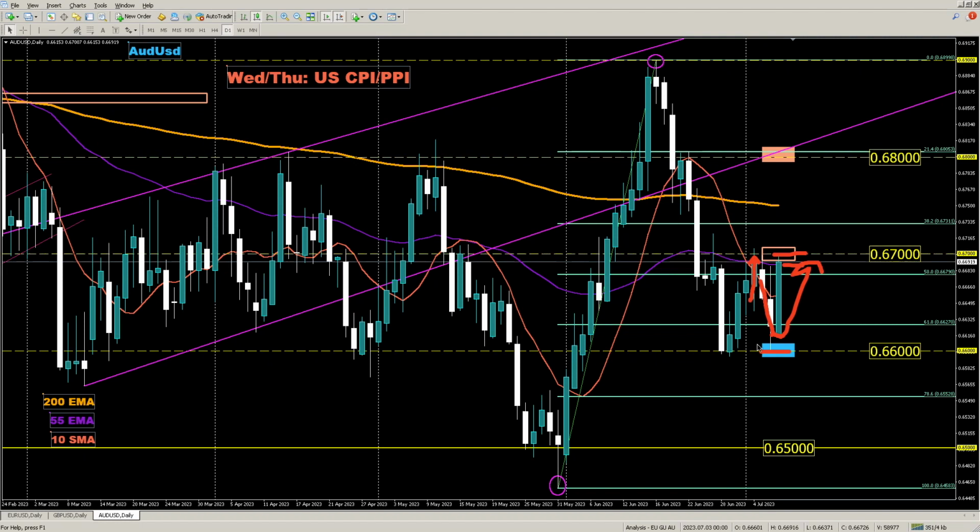So really up and down for the week, but contained within the range of the previous week.